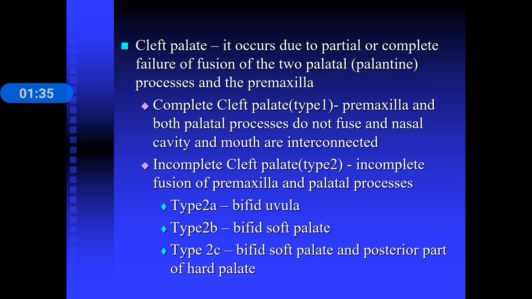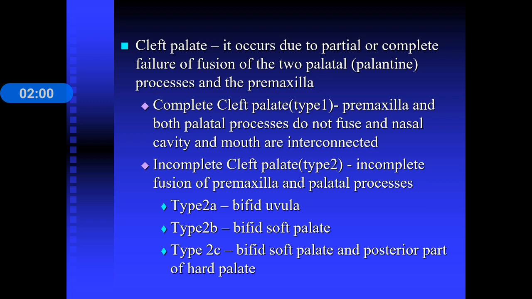We already discussed that the line of fusion of the two palatal shelves and the premaxilla is in the shape of a Y. So there are two types: the complete cleft palate and the incomplete cleft palate. Complete is also known as type 1. Here the premaxilla and both the palatal processes do not fuse, and the nasal cavity and the mouth are interconnected.